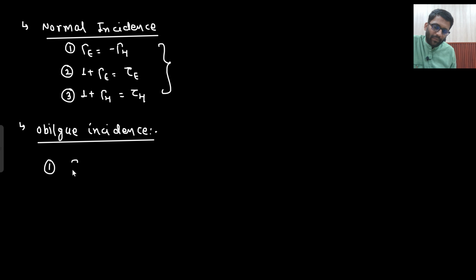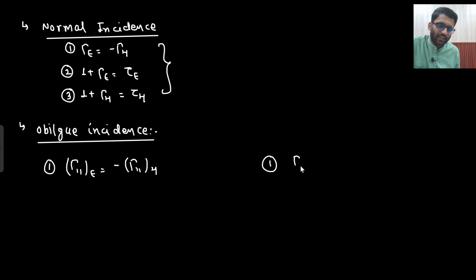One is parallel polarization, and there is perpendicular polarization as well. So this is the same as normal incidence. There is nothing different. That gamma E is equal to minus gamma H. Whether it is parallel polarization, normal incidence, or perpendicular polarization, all are the same. Gamma E is equal to minus gamma H.